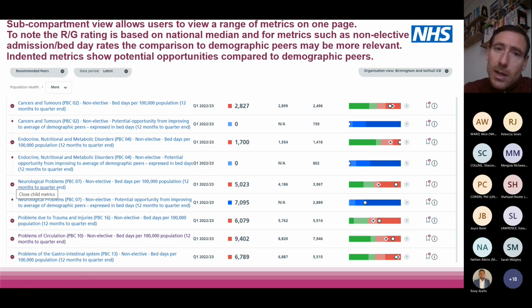Obviously, the populations don't vary a huge amount in a 3-month period anyway, but yeah, I will double check on that one. Okay, any other questions, or shall I crack on?